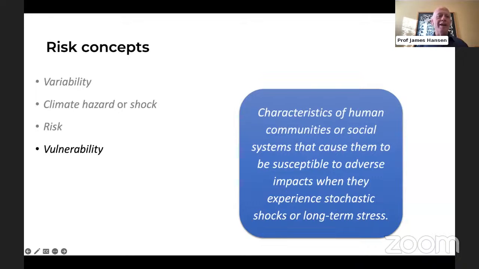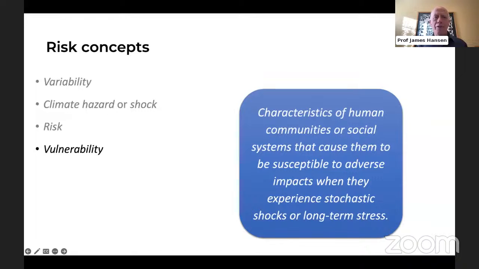So if variability turns into risk, if variability has a negative impact on human well-being, that suggests that there's something about that community, that population that makes it susceptible. And whatever that is, it's defined as vulnerability.